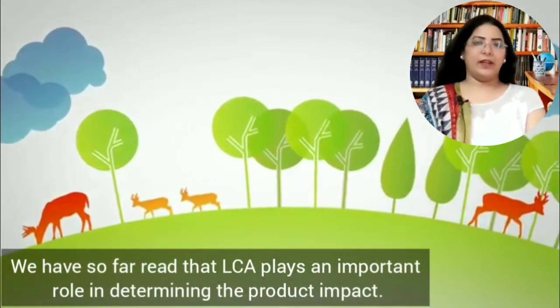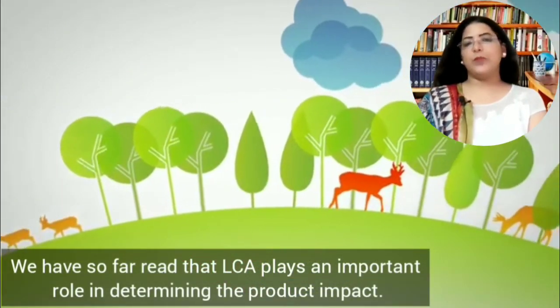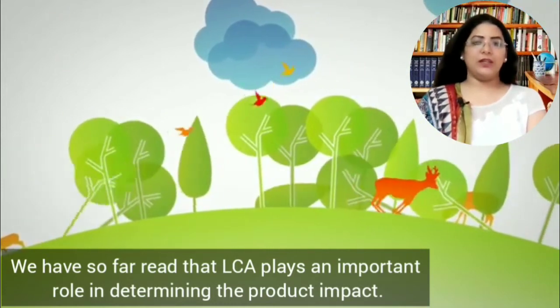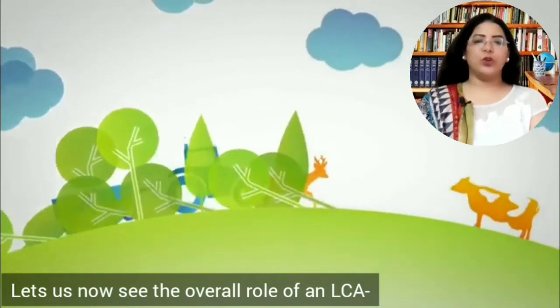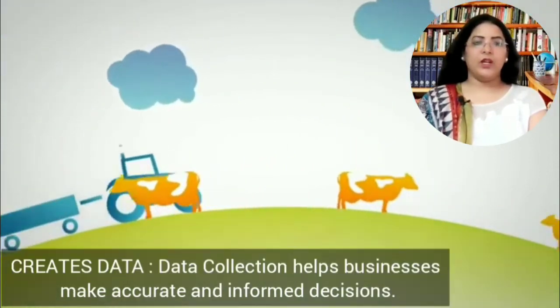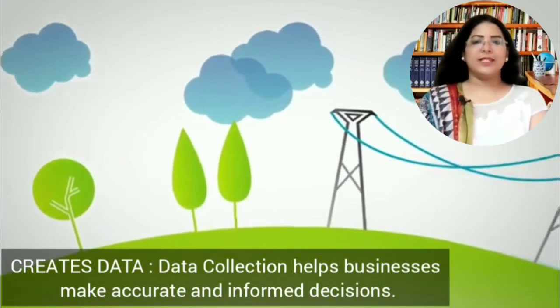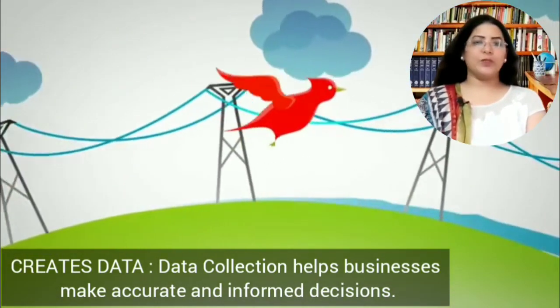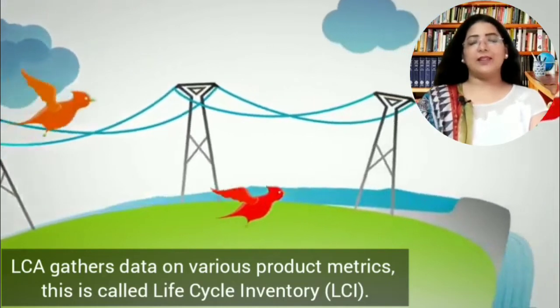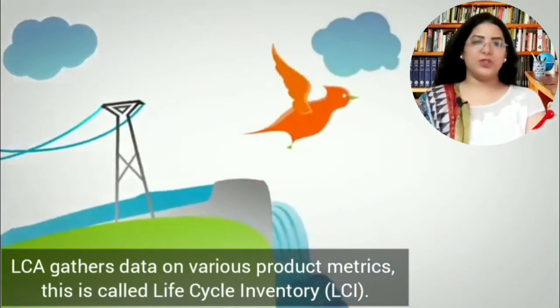We have so far read that life cycle assessment plays an important role in determining the product's impact. Let us now see the overall role of an LCA. Creates data. Data collection helps businesses make accurate and informed decisions. LCA gathers data on various product metrics.